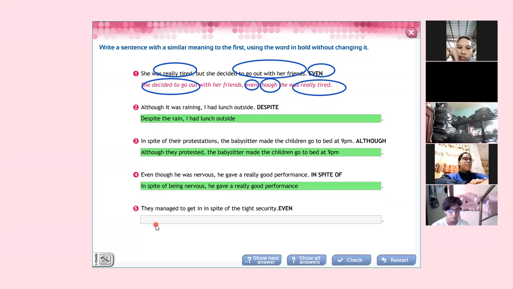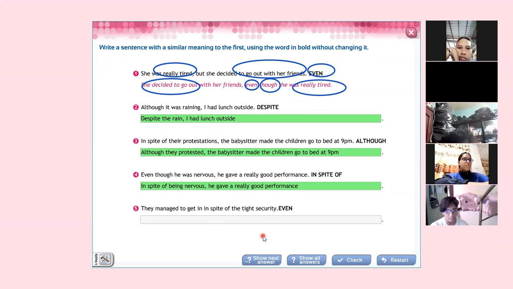Number 5, continue. They managed to get in spite of the tight security even. In spite of. En contra de.